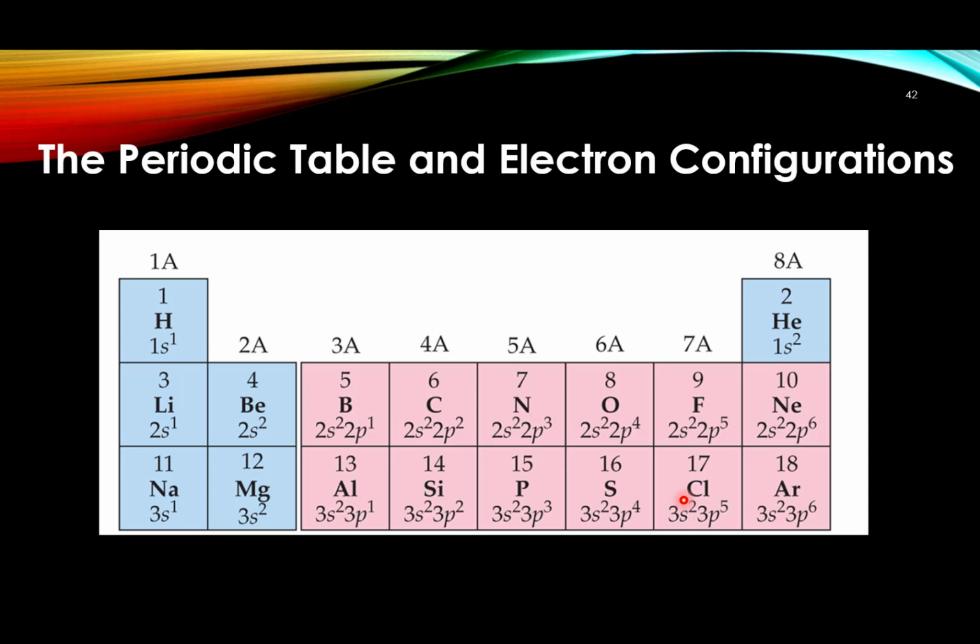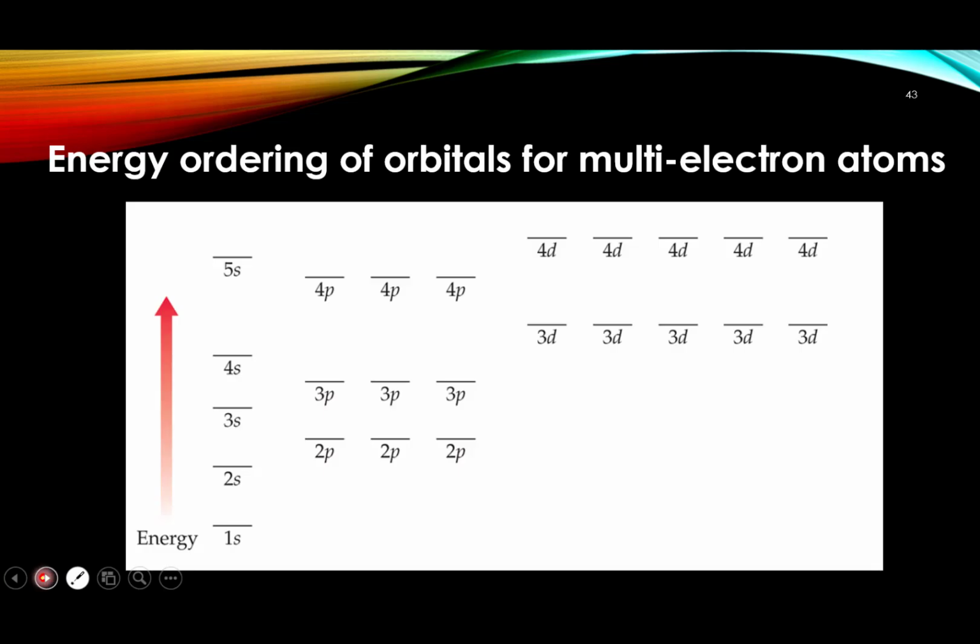Now let's go to the next slide. Remember that I told you the principal energy level has its own energy level. The lowest is principal energy level 1, then principal energy level 2 and 3, up to 7. And I also said the subshells or orbitals have their own energy level. Look here. 1s is the lowest energy level that we have.